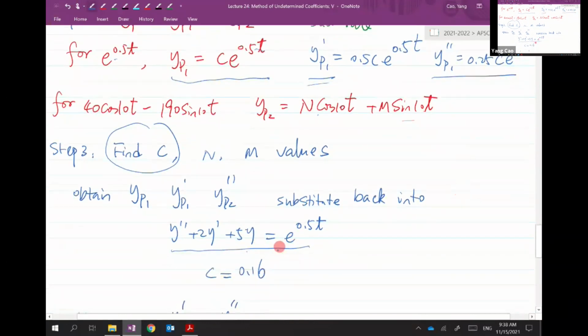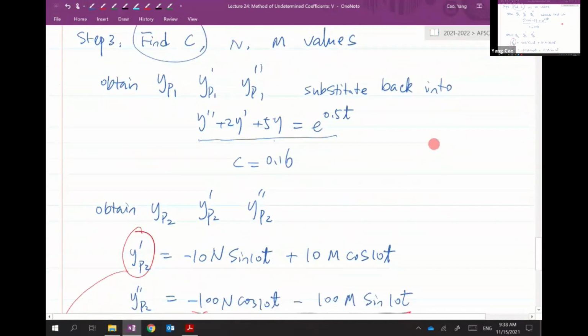We're not dealing with YP2 here. Oh, sorry, this is a mistake. YP1 prime, YP1 double prime. Yeah. Pardon my handwriting, yes. Okay, good.